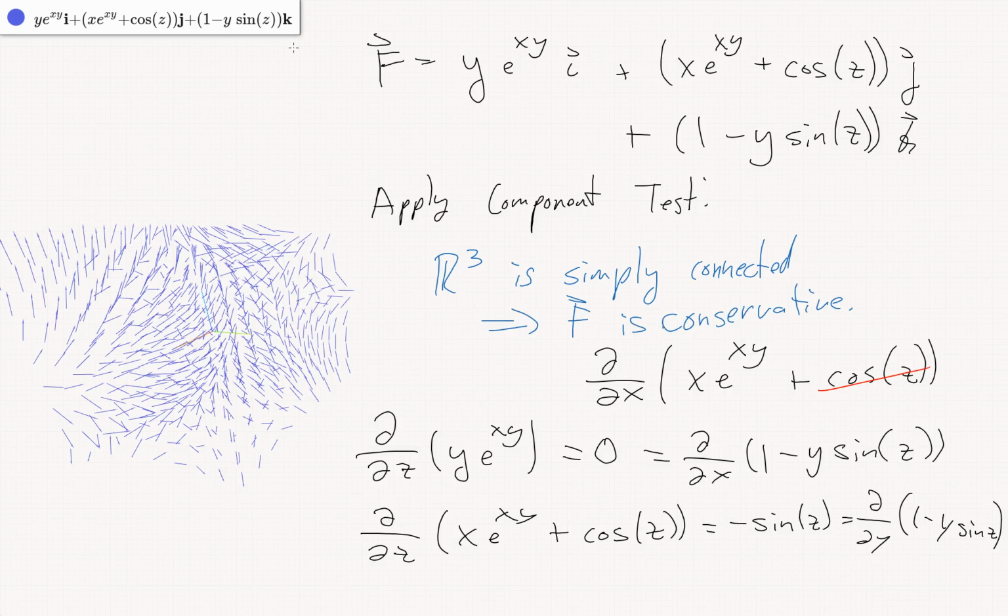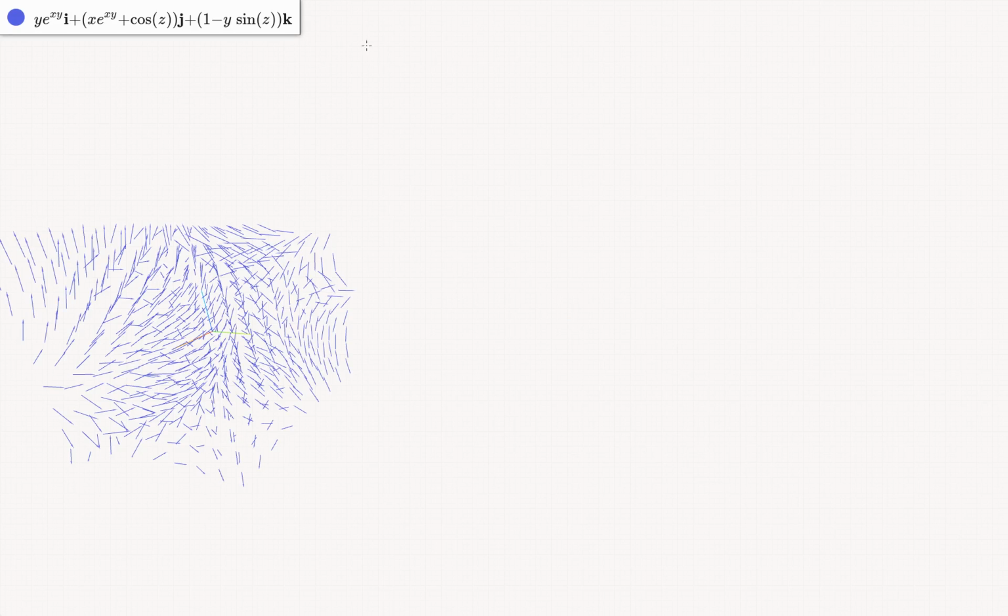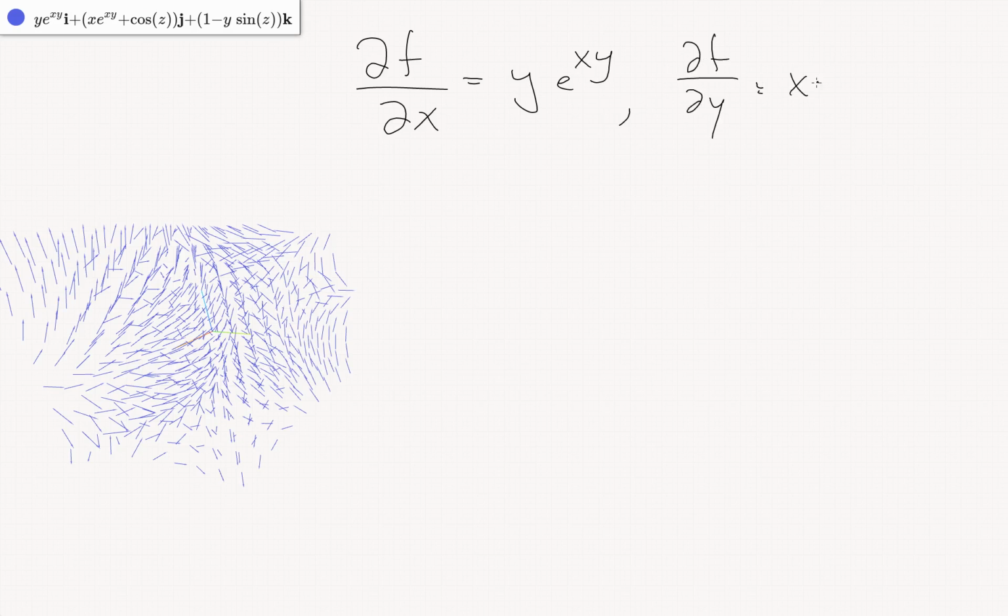All right, so now how do we go about finding a potential function now that we know that one exists? So we're trying to solve the equations del f by del x equals y e to the xy, del f by del y equals x e to the xy plus cos z, and del f by del z equals 1 minus y sine of z.